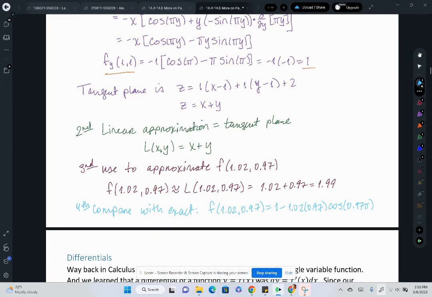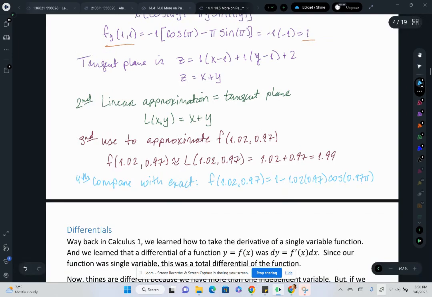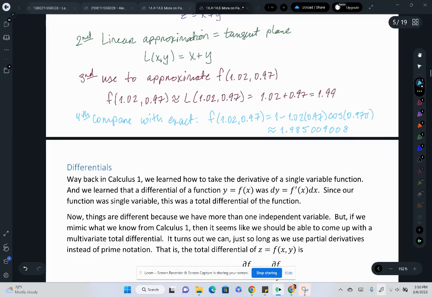And when I plug that into my calculator, I get that this is approximately 1.985009008. And so that's pretty close to what we got with the linear approximation. To the hundredths place, we've got some pretty good accuracy. That may or may not be good enough, just depends on what you're working with.